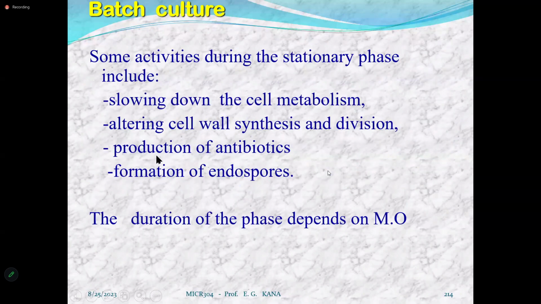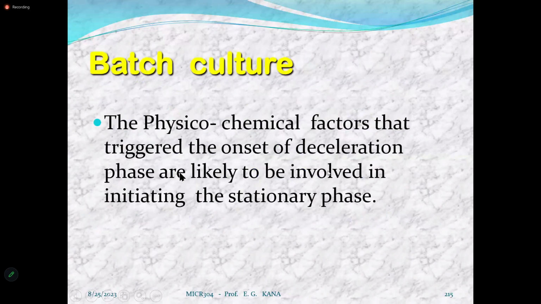Some activities that take place during the stationary phase: you have a very slow metabolism, production of antibiotics, and endospores are also formed during that phase. Just like I mentioned earlier, those factors that triggered the deceleration phase are likely to be those involved in the stationary phase.